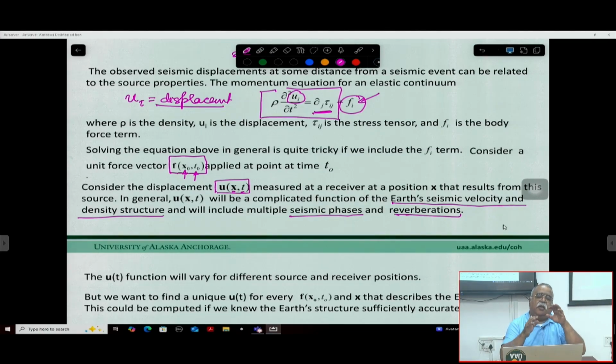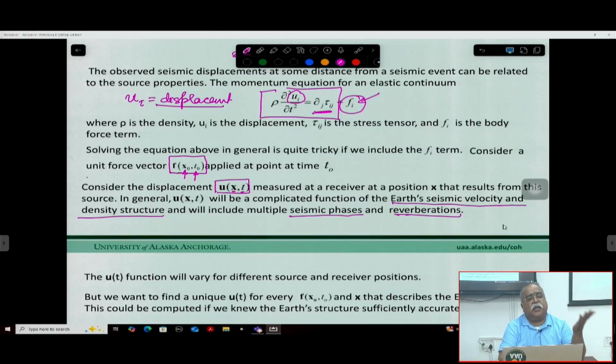So that means the earthquake has happened, there is a force generated. Whenever there is force generated, there is internal stress also. That will generate the different wave phases, all traveling through the earth, and then all will be recorded at some distance, some time, and all the displacements will be summed up to give the actual recorded displacement at the recording site.